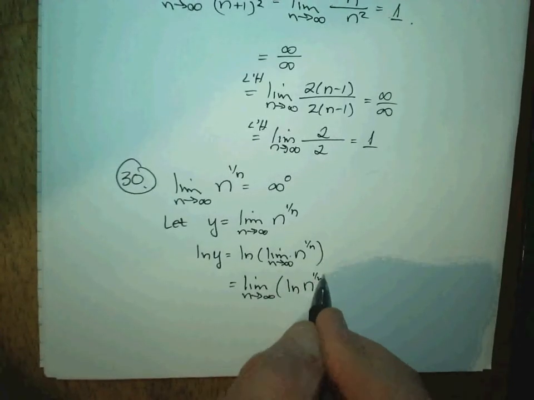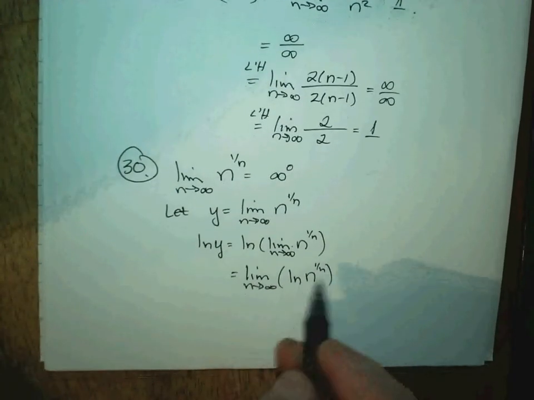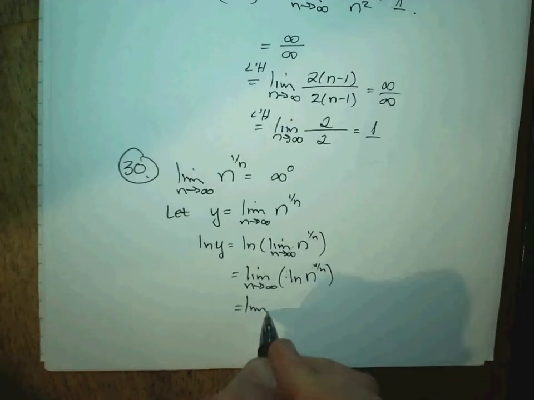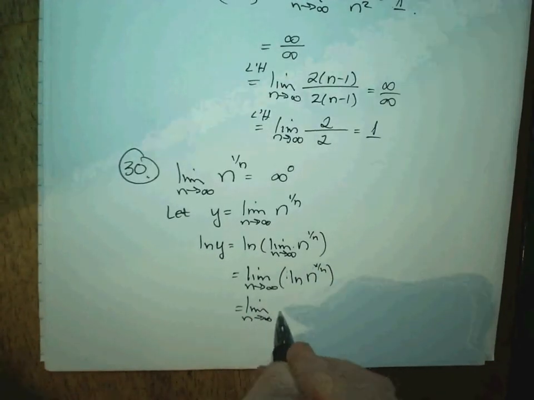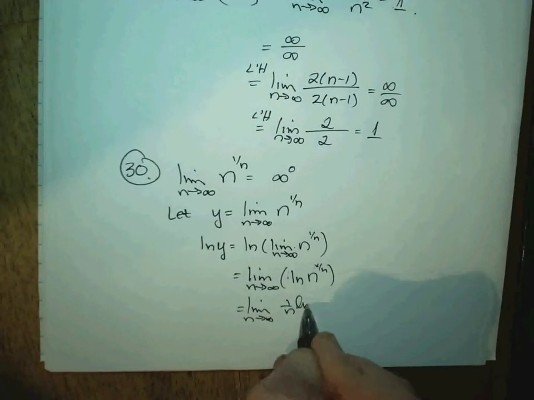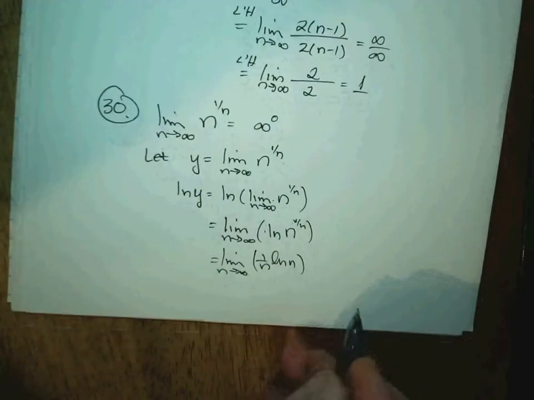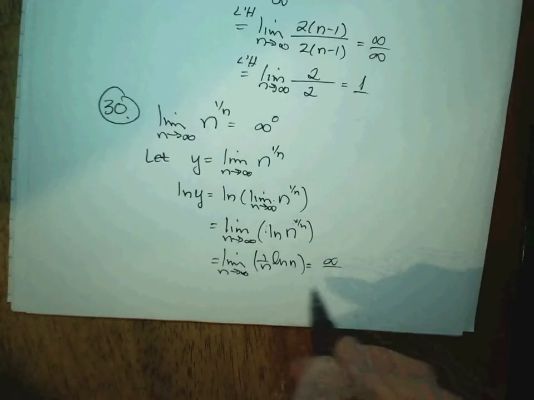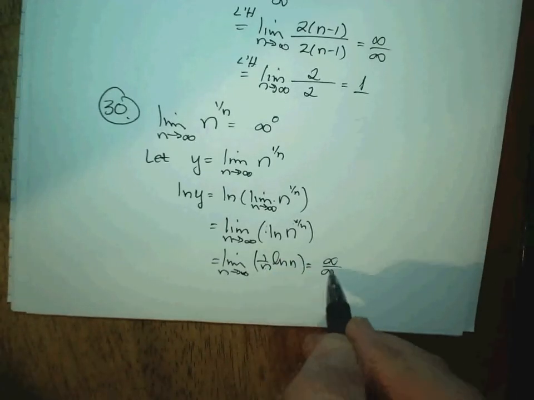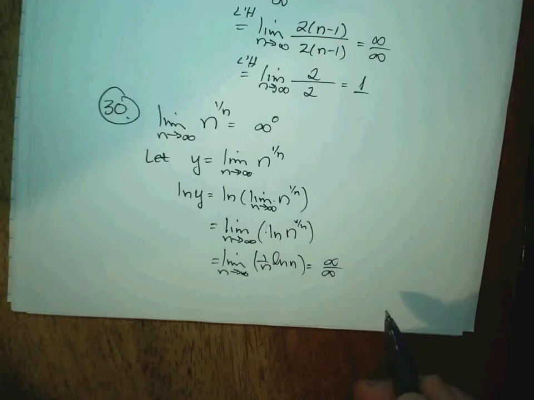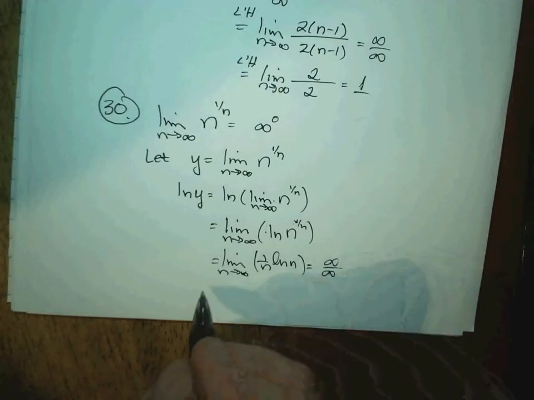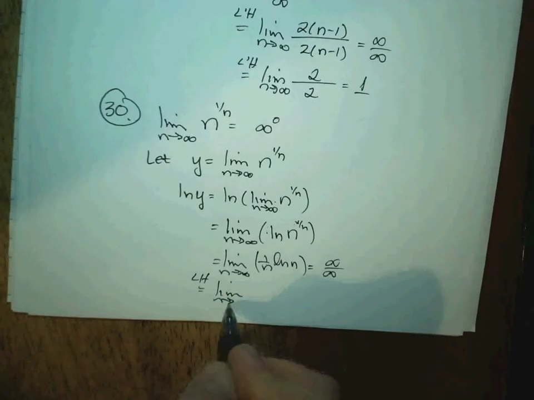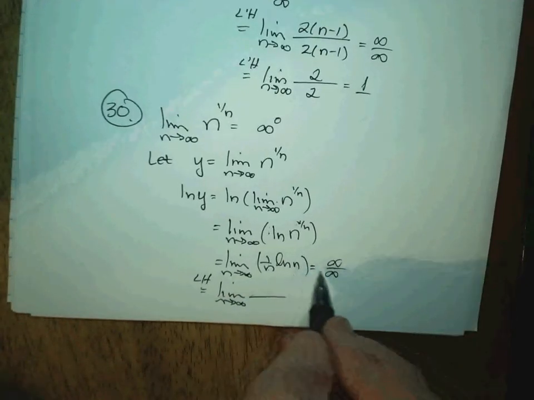And therefore you're taking the limit of the natural log of n to the 1 over n. And now this 1 over n can come down in front. And here, you're getting the natural log of infinity, which is infinity, 1 over infinity in the denominator, which gives you infinity over infinity form, and you want to apply L'Hopital's rule to this.